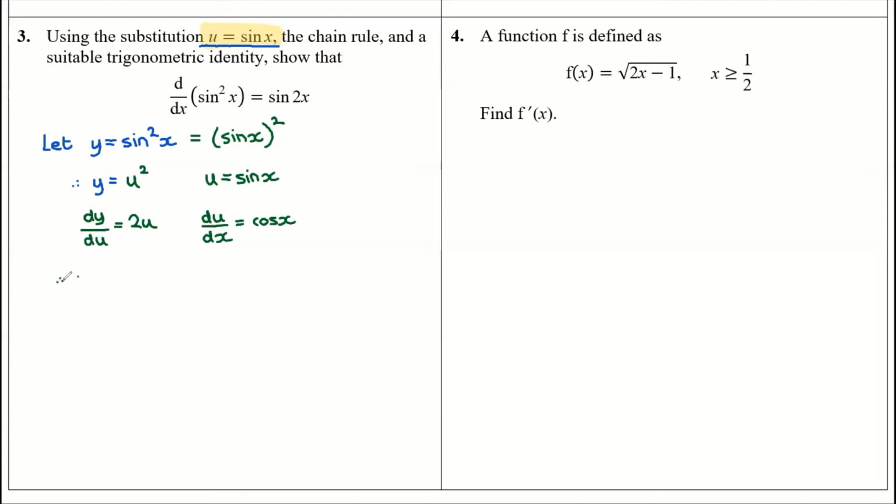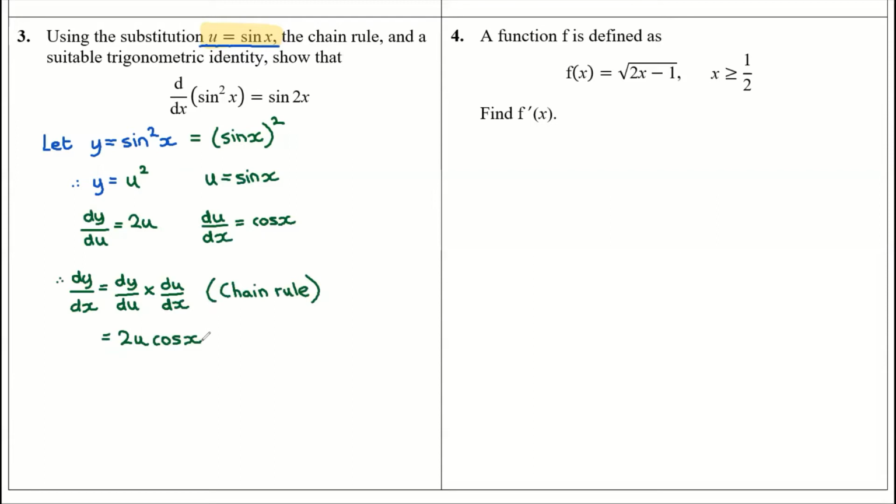So therefore, dy by dx is going to be the product of dy by du and du by dx, as we've seen several times. This is the chain rule, of course. So we multiply these two derivatives together. So this is going to be 2u multiplied by cos x. So at the moment, it doesn't look anything like the answer.